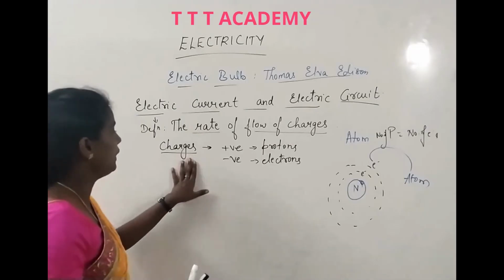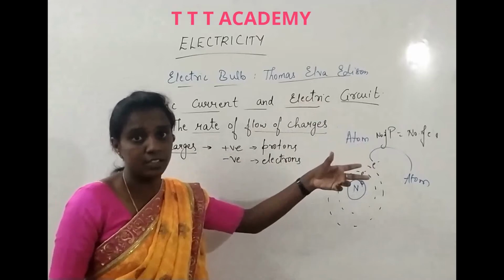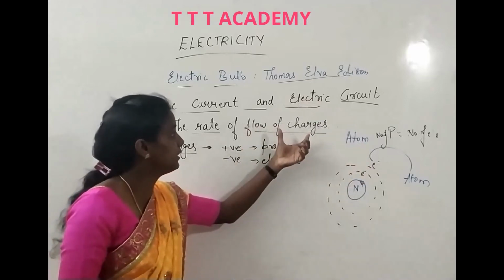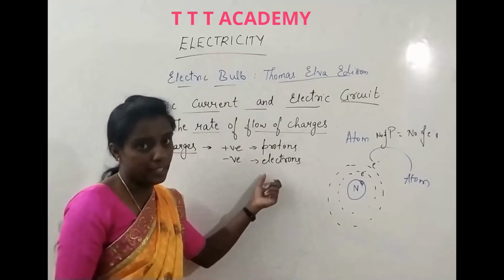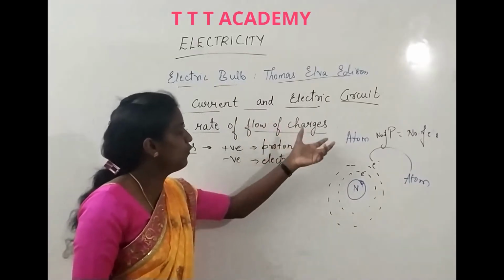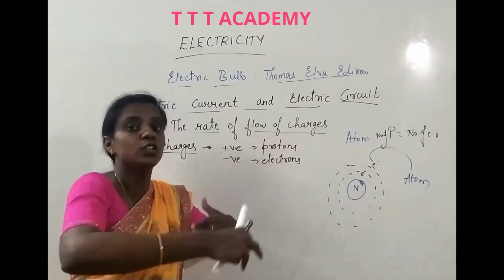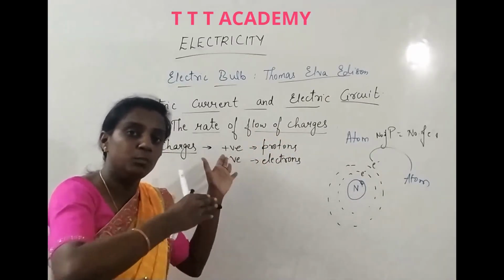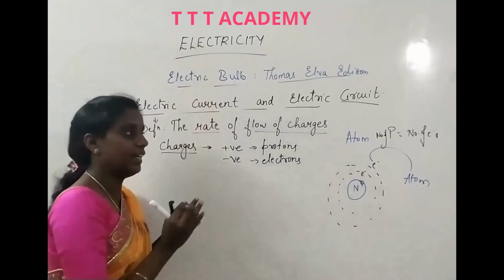So you came to know what charges are, where they are present, and what the flow of charges is. In the sense, when you consider electricity, there is a flow of electrons. This flow of electrons from one atom to another atom, they will be jumping, no? The movement of those electrons will produce electricity.